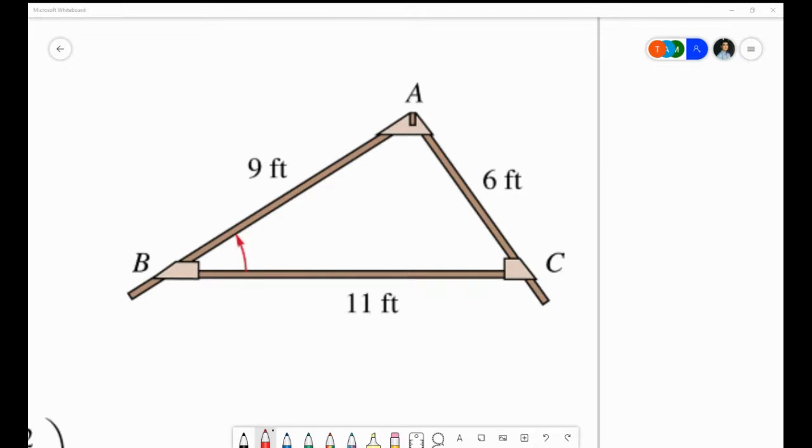Are we done, guys, or do we need more time? I need a little bit more time to solve one more side so that I can subtract them from 180.